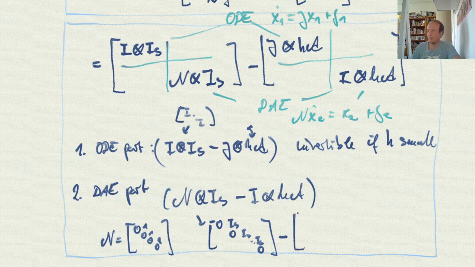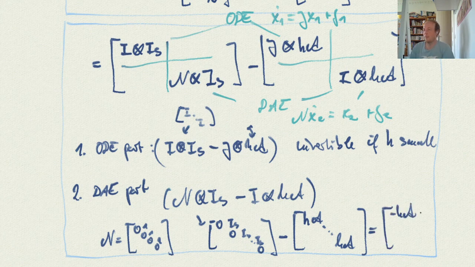The matrix is just this on the main diagonal, and this is then minus hA, I_s, minus hA, I_s, and so on, minus hA.